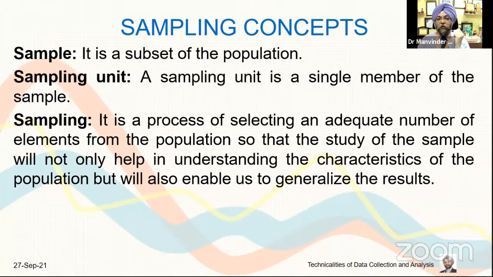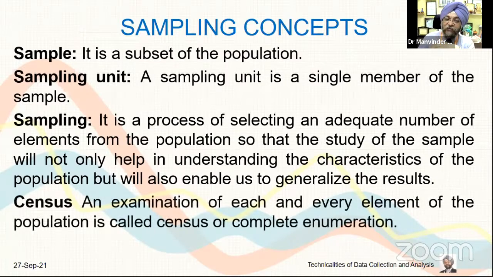Okay, now what is a census? Census means the examination of each and every element of the population. That will be called a census, right? So we can say census is an alternative to sampling. Now what happens if we are doing a census survey? There is no question of inferential statistics then, right?